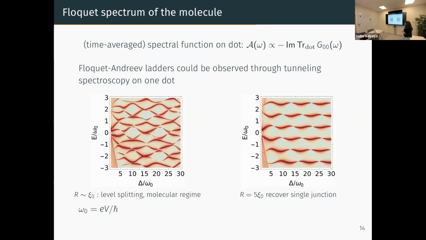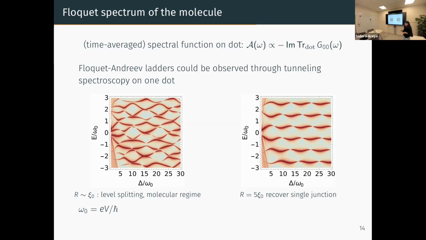Now I do the same for the Andreev molecule. If I am at a distance which is of the order of the superconducting coherence length, I get, instead of 2 peaks, 4. I don't know if you can see. These 4 get repeated up and down the ladder.